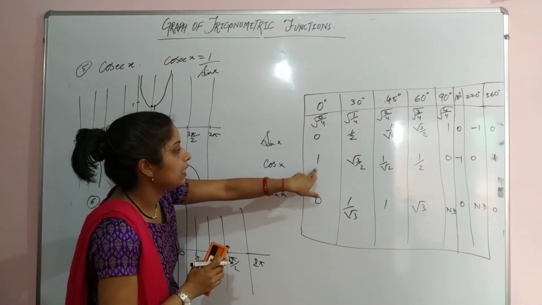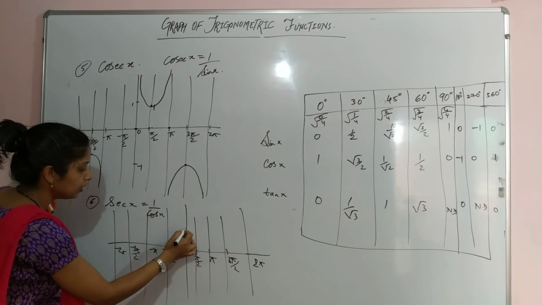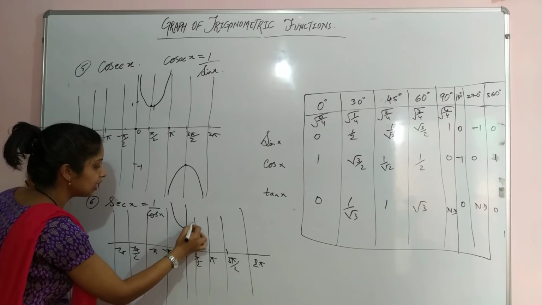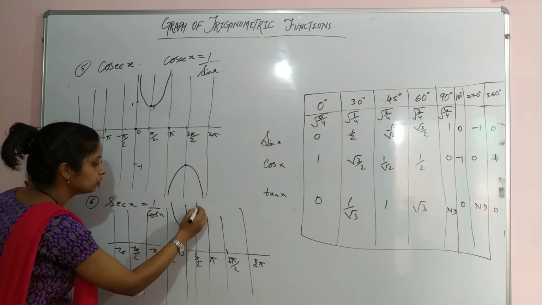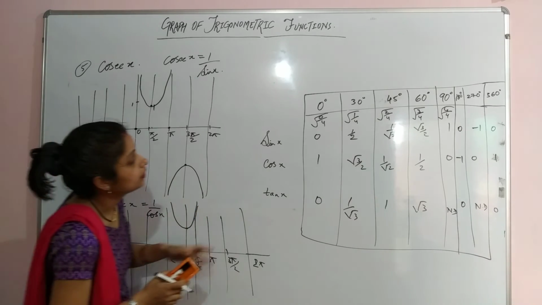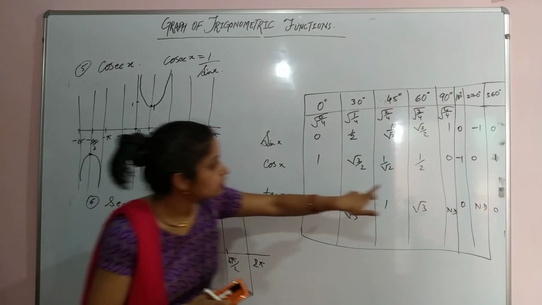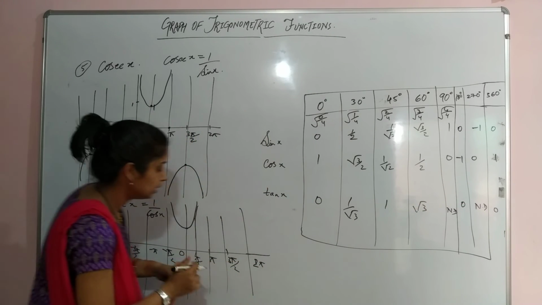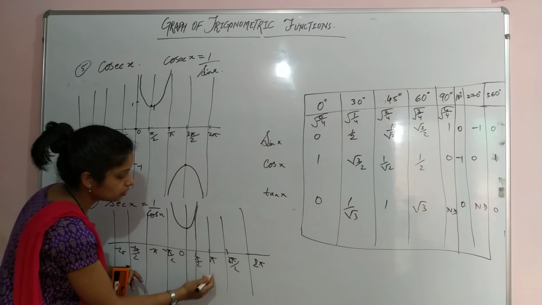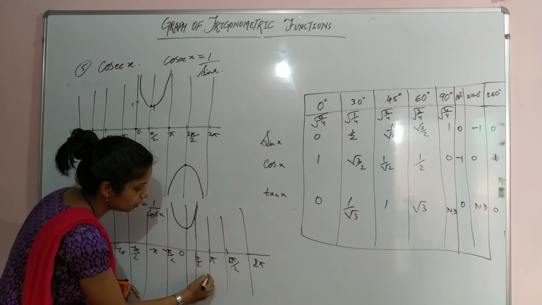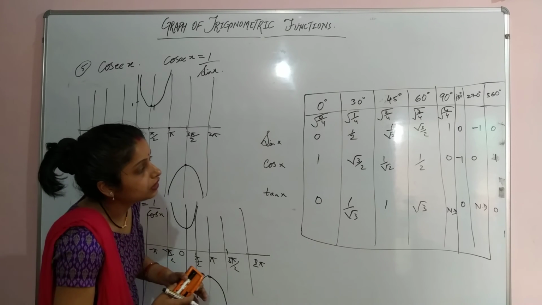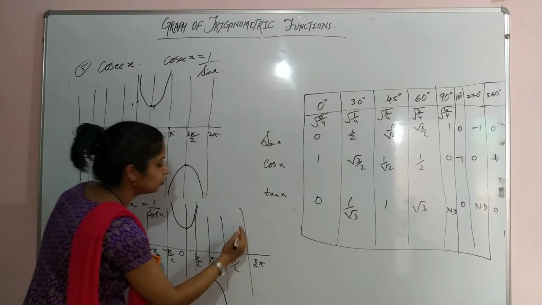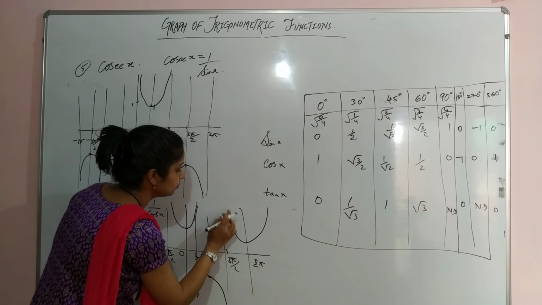So sec x at 0, this is 1. So here it is 1. So the graph is like this, parallel to, and anywhere this is minus 1, 180. So 180 is this is 180, this is minus 1. So graph is like this. After that, it is again 1 at 2 pi. So this is the graph.